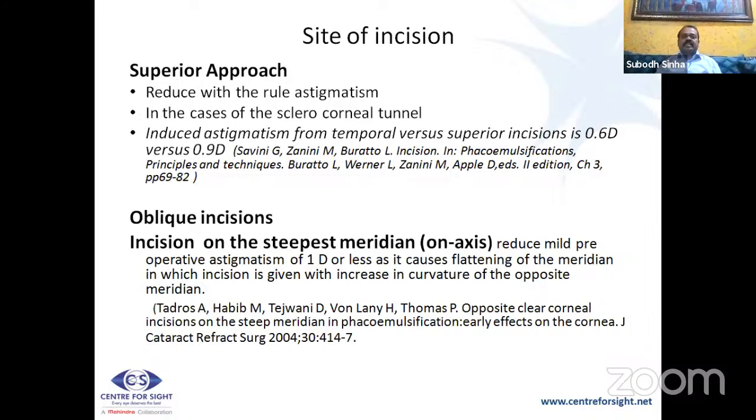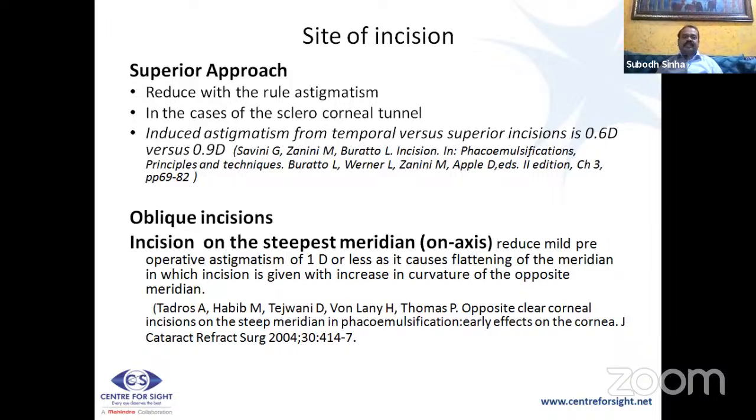Superior approach is useful in situations where you want to reduce the pre-existing with-the-rule astigmatism. And sometimes I find that when you are having your vitreoretinal colleague there and you anticipate some intraoperative complication, they are more comfortable with your superior approach, because they have more areas to do manipulation.